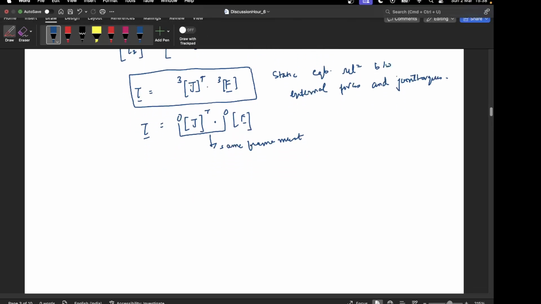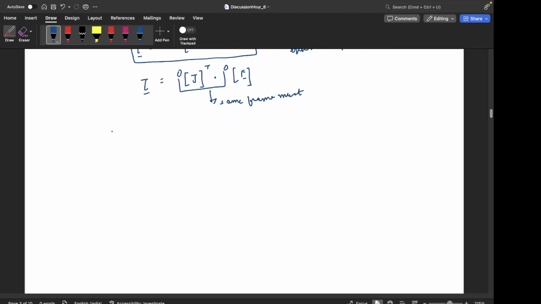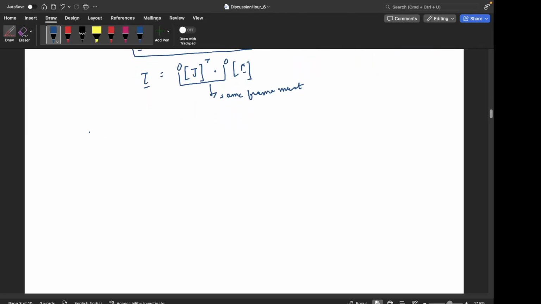Now this relation can also be arrived at using the principle of virtual work. So imagine that all the joints are locked, and the force on the end effector, that is F, moves the end effector by a small displacement delta x.